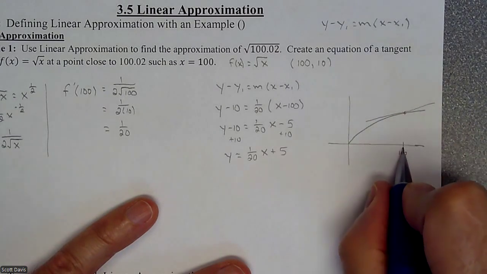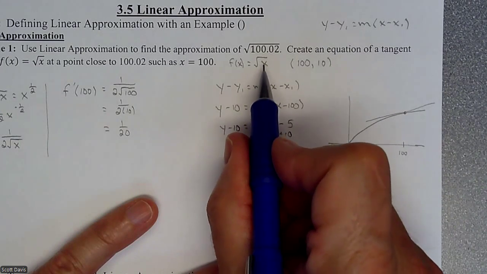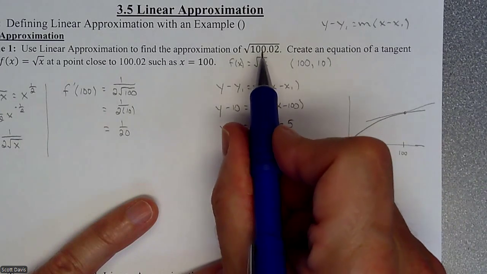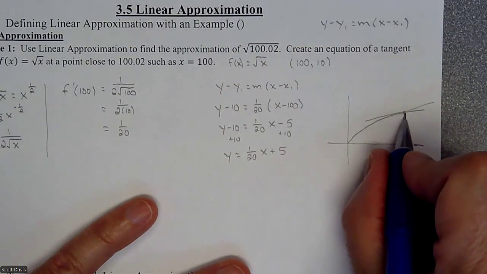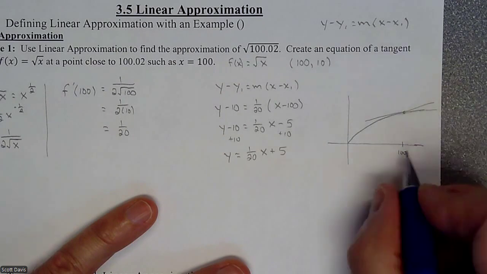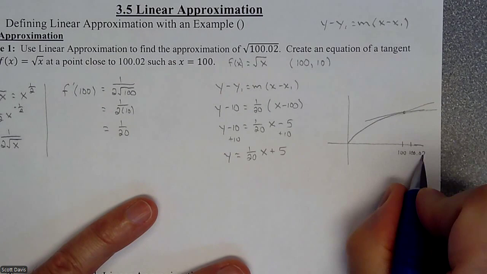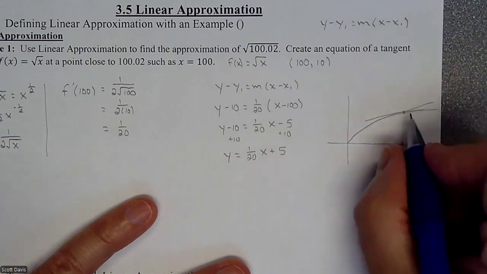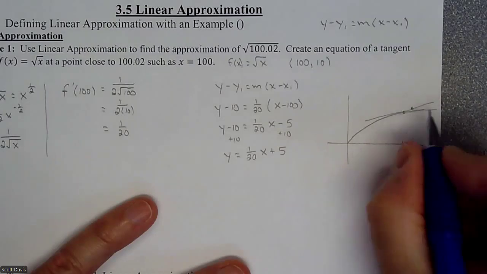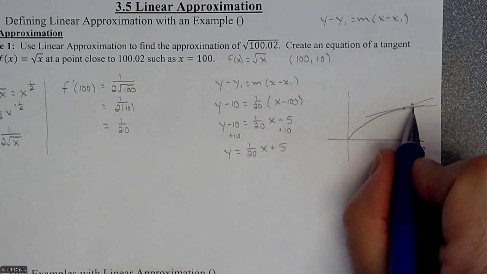We know that if we plug in 100, we can do the square root of 100, no problem. But I don't know exactly what the square root of 100.2 is. If this is the real curve, 100.2 is awfully close to it. So what if I plug it into this tangent line? I would get a value close to the real value.